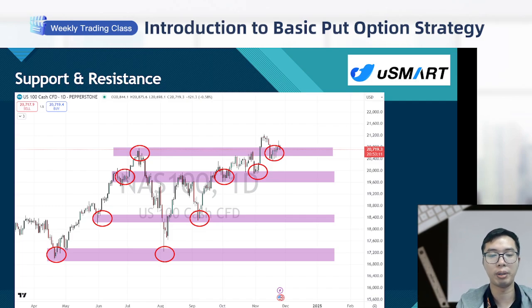It depends on the market structure, right? So we need to find those strong resistances. Then we open a long put in order to earn when the stock price crashes or makes a correction.